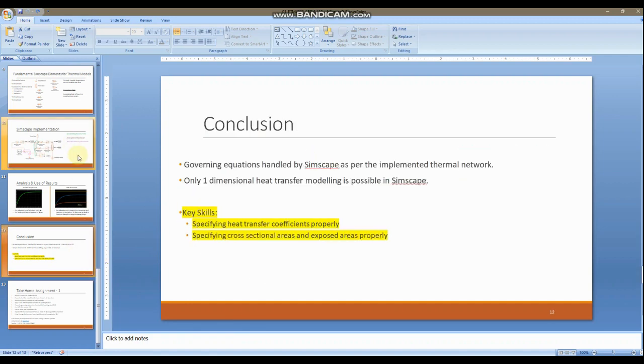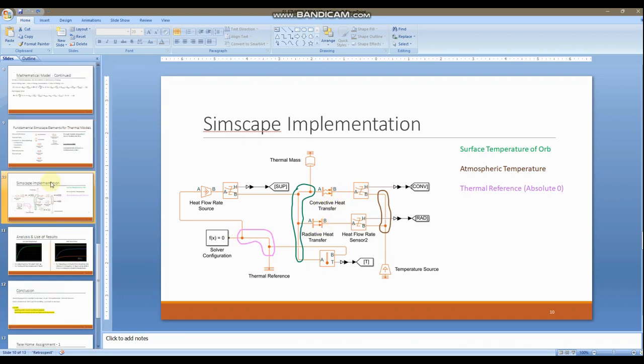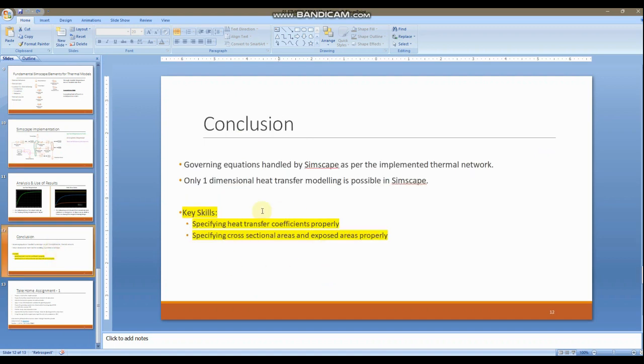Any other areas that you need to pay attention to are quite mitigated, since when it comes to Simscape, these blocks handle the equations behind the curtains. So most of the errors will be eliminated due to us using Simscape. However, these key skills cannot be avoided.